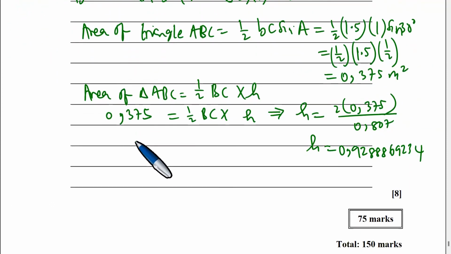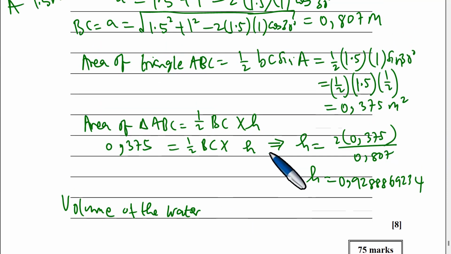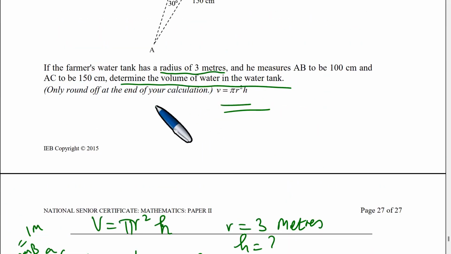Once you get the height of this triangle, then we can find the volume of the water tank. Determine the volume of water in the water tank.